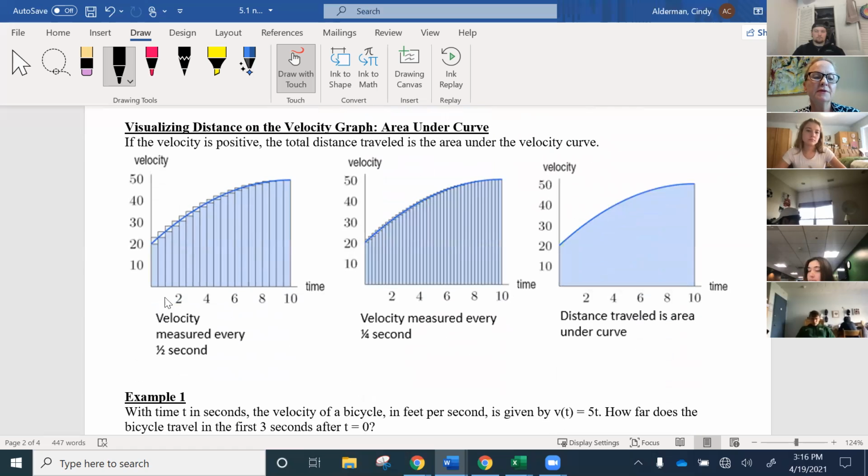Well, what if we measured more times, right? So here, velocity is being measured every half a second, and here it's being measured every quarter second. So eventually, if you keep making those rectangles smaller and smaller, what you're making smaller is how often you're measuring.